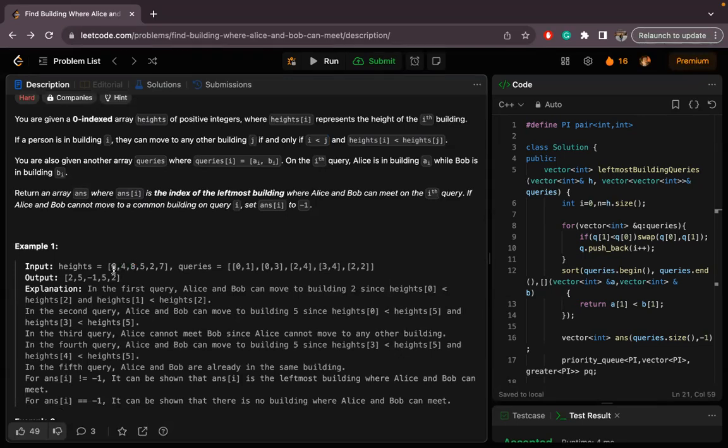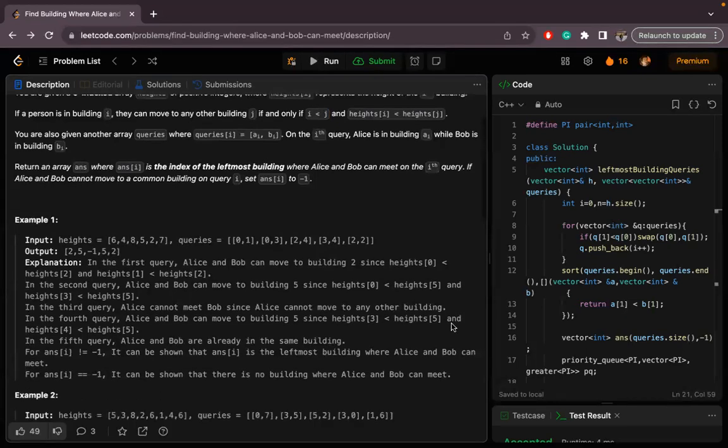Because they can move from 6 to 8, since 8's height is larger, and its index is also larger, for 6 and for 4 as well. Height is larger and index is also larger. That's why, for 0, 1, the answer is 2, because 8 is at the 2nd index. Similarly, you can do the same for other cases.